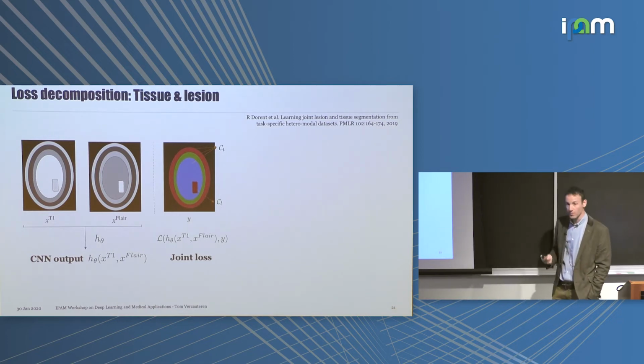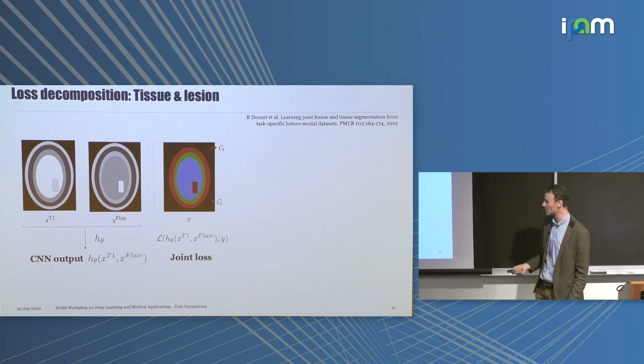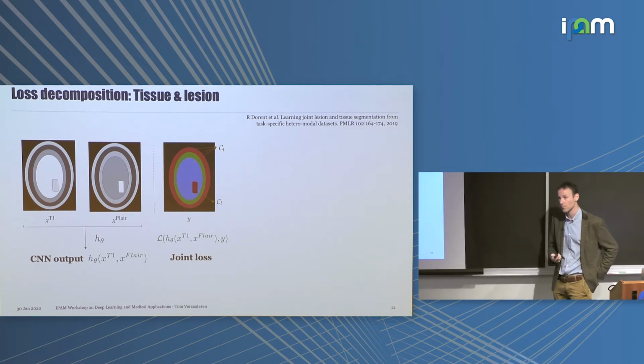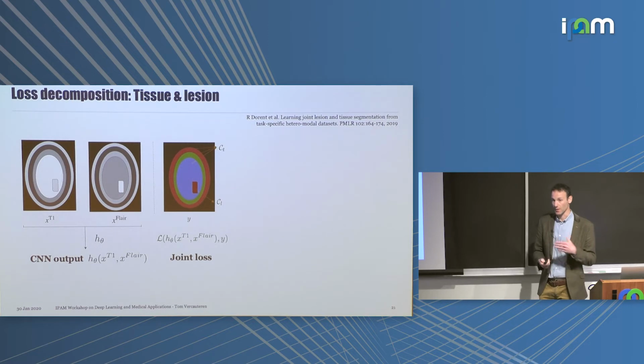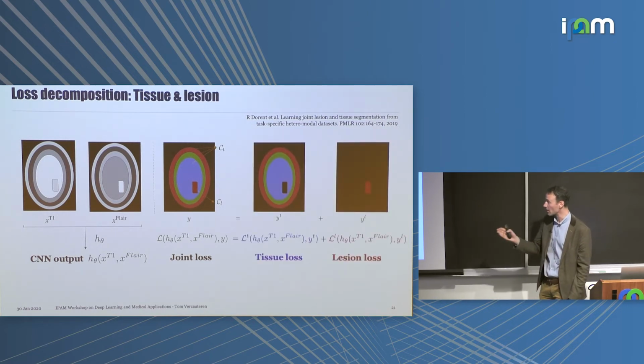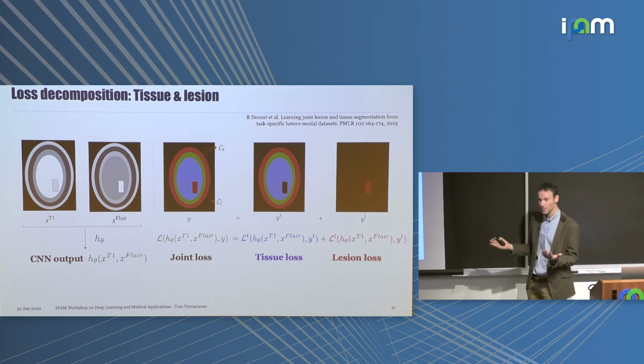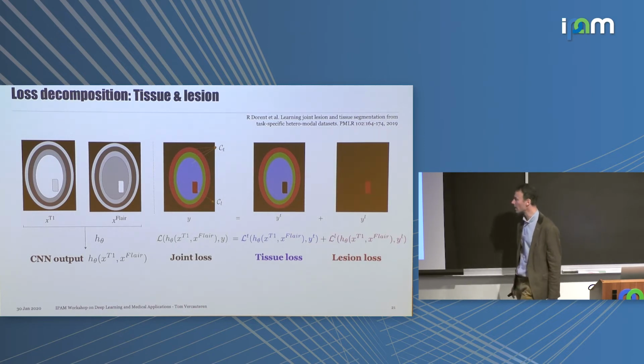If we would do that in a standard supervised learning framework, we would have a joint loss for all the tissue classes. But most of the losses that we use for multi-class problems are actually one against all, right? So we can separate the joint loss into two losses, and that's very typical.